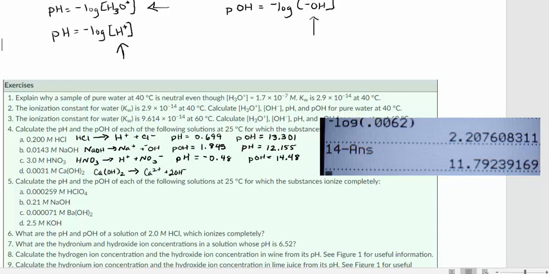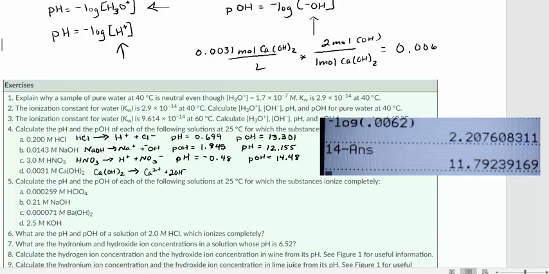So if I have 0.0031 moles per liter, and in 1 mole of calcium hydroxide, I have 2 moles of hydroxide ions. So that makes the effective concentration that I'm working with 0.0062 capital M molarity of hydroxide ions, and that's the value I'm going to put into my pOH equation.